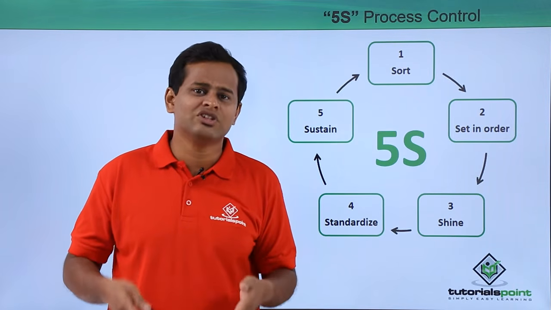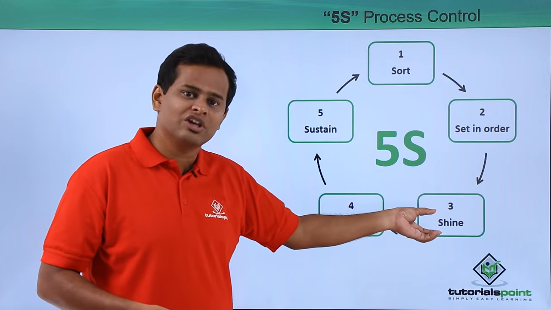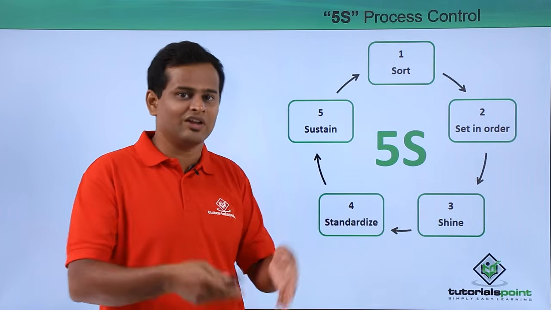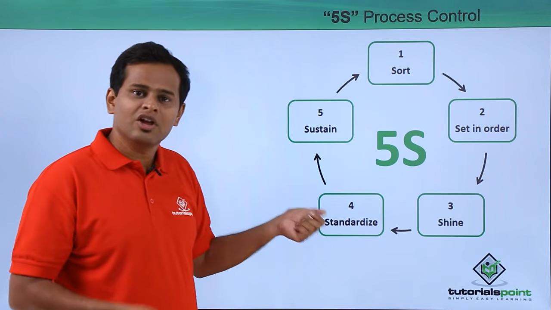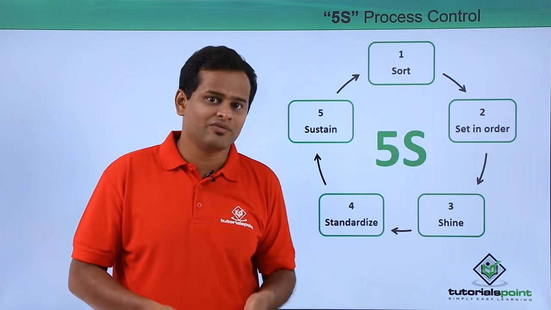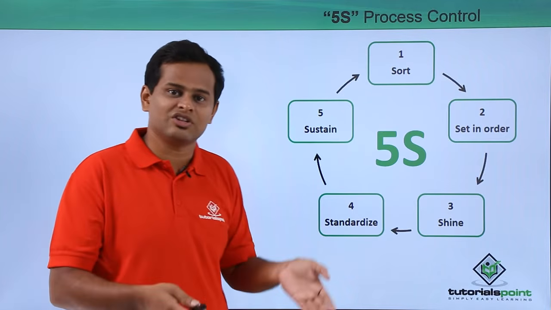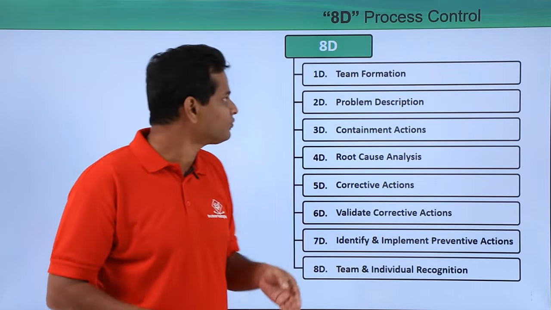During this process itself, we will be able to get proper usage of that particular equipment whenever it is needed. Then if everything is done, we need to standardize it, and if it is working fine, have stability, and the same needs to be sustained for a longer period of time.